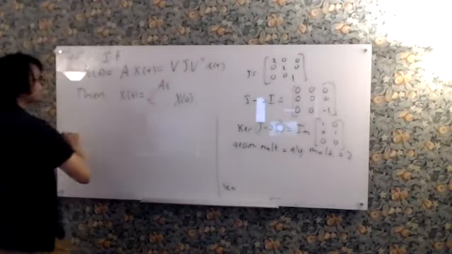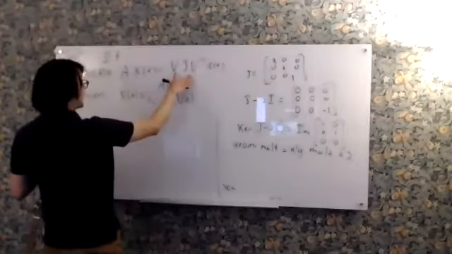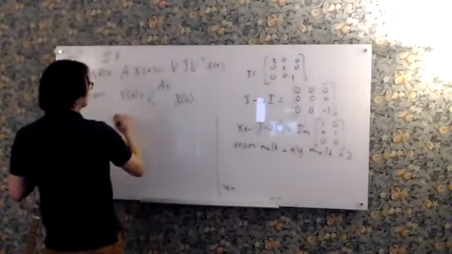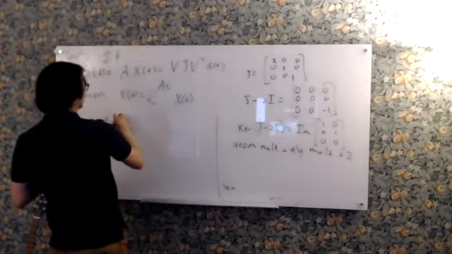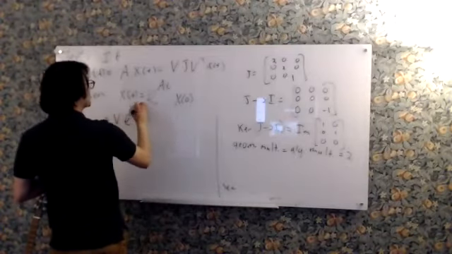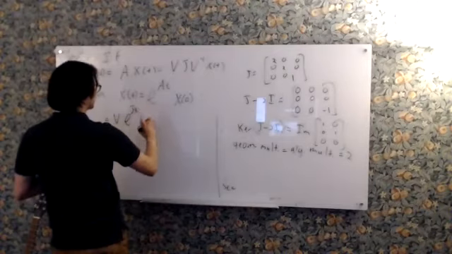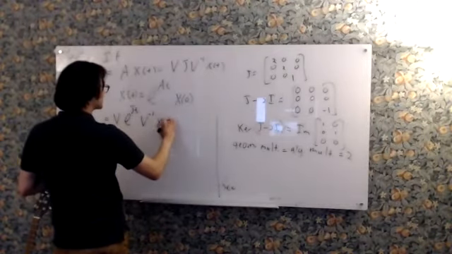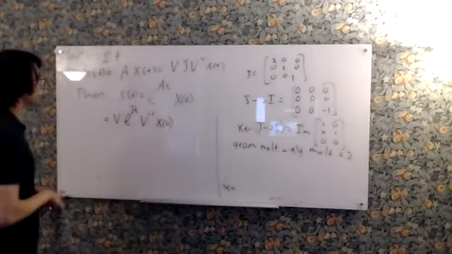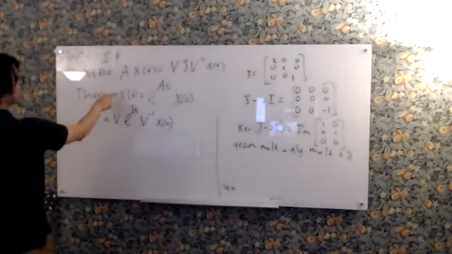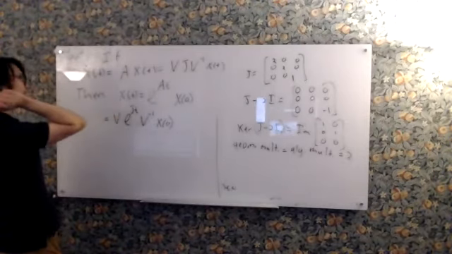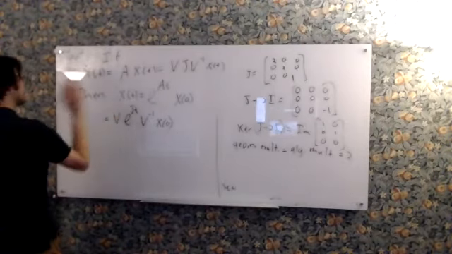We derived this several times in the past: with V J V inverse, you can just pull these off to the side. So x(t) = V e^{Jt} V inverse x(0). In order to understand the behavior of this, it suffices to understand the behavior of e^{Jt}. Now, let's think about what happens if we had, say, 3 Jordan blocks.